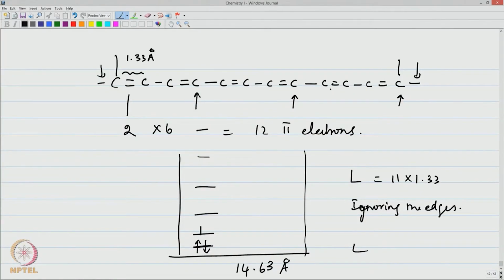Therefore, these 12 electrons can be accommodated in the 6 lowest energy levels that you have. So, these are the 6 energy levels that we have, and the 12 electrons are in these. So, this is the highest occupied energy level, n equal to 6.